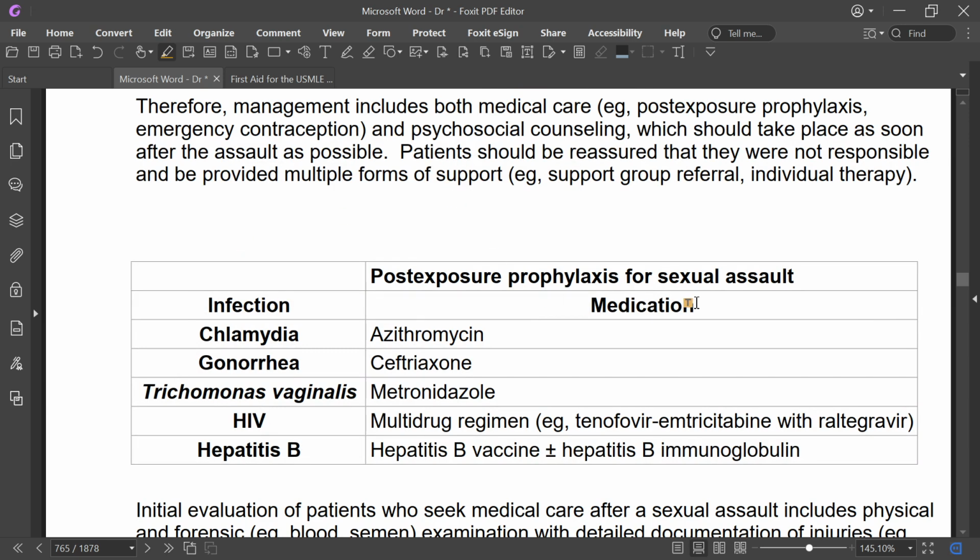So in such cases, post-exposure prophylaxis, psychosocial counseling, and education should be done.